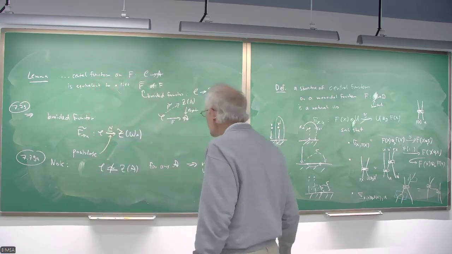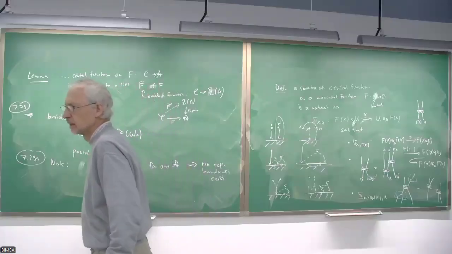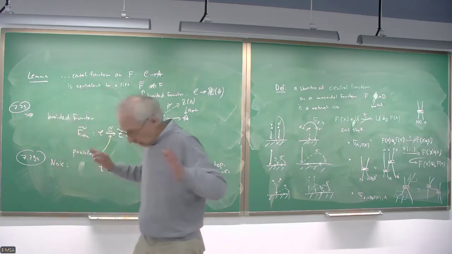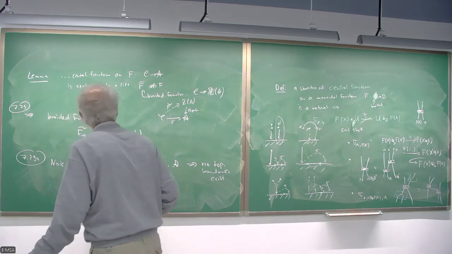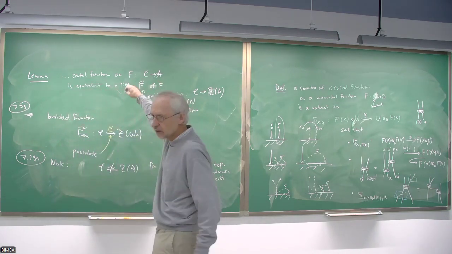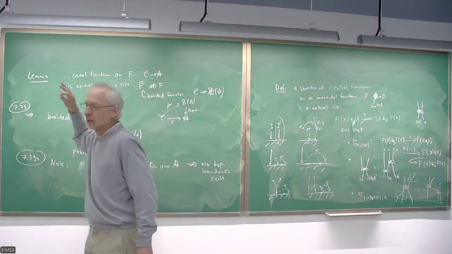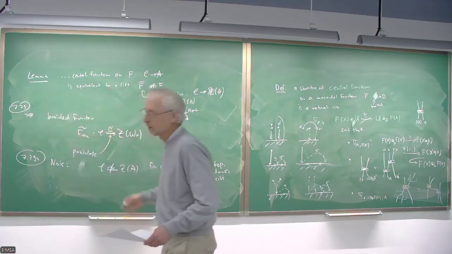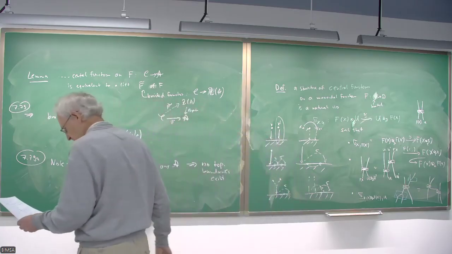To be on the safe side, I'm using this here in our situation where we have a modular tensor category, and then we have a natural spherical pivotal structure, a distinguished one, which I would then use.